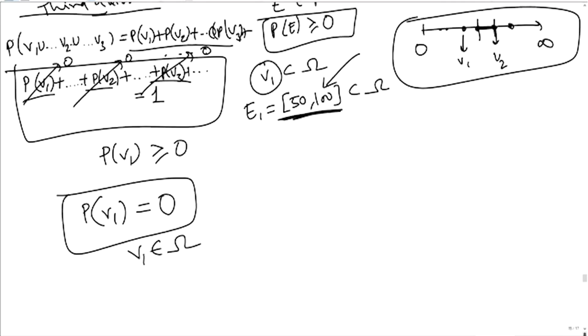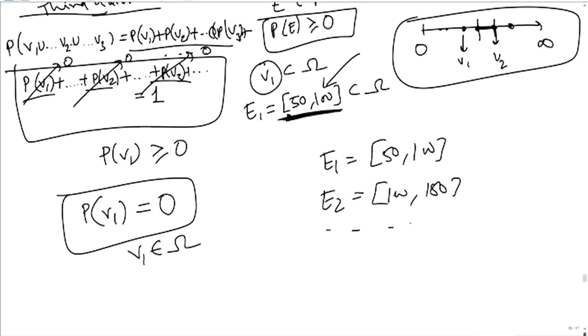Then what would the probability assigner function do? Well, it can still assign probabilities to intervals, another kind of event. So, let us say E1 is the interval between 50 and 100, E2 is the interval between 100 and 150, and so on.